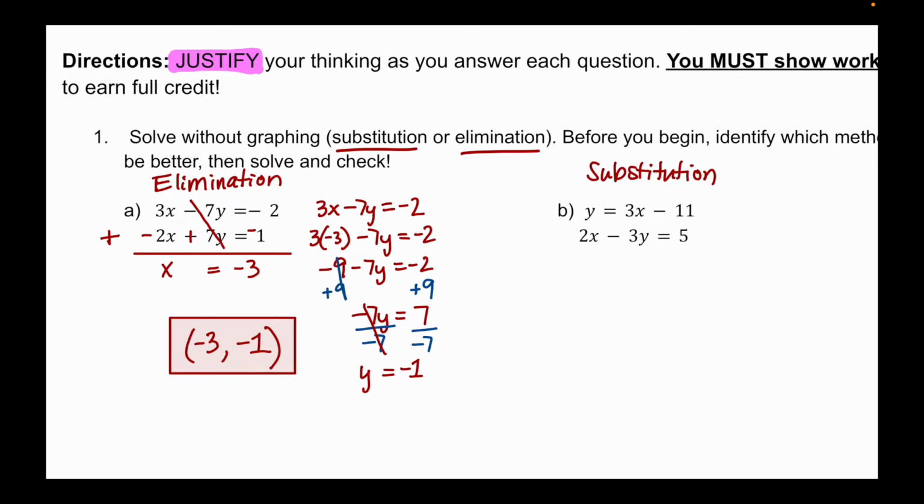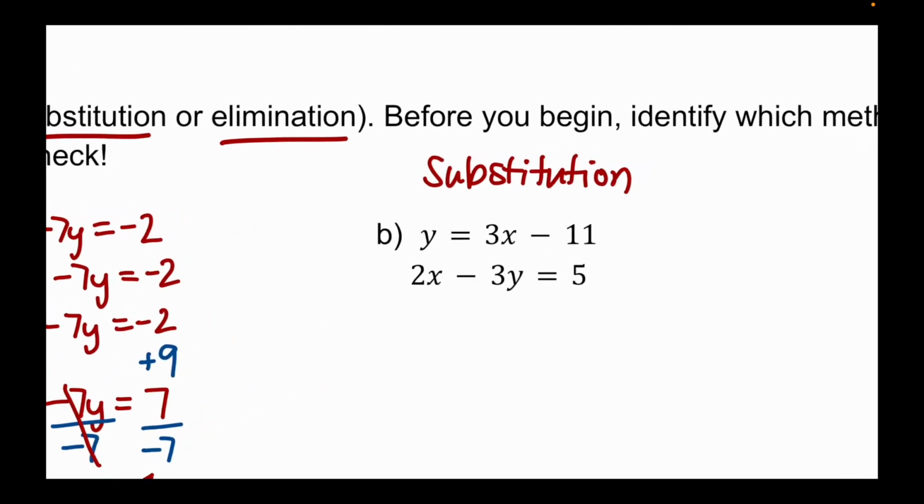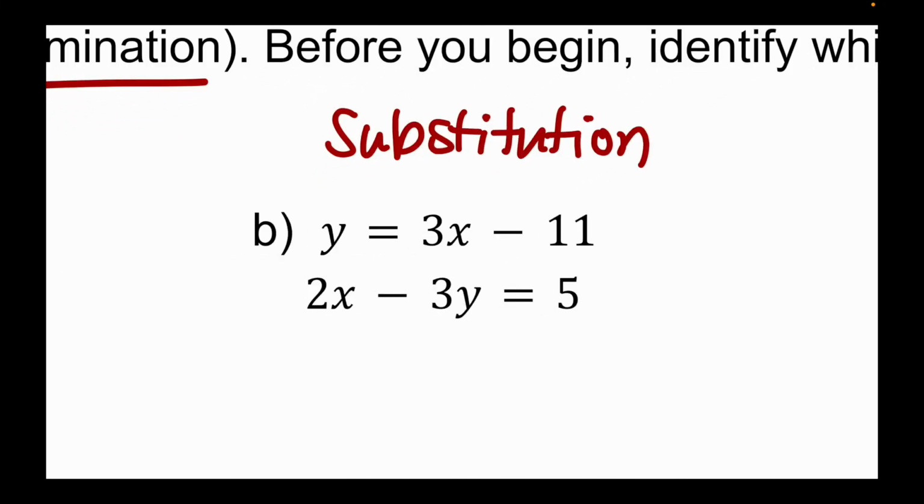Now, the other method is substitution, and that works very nicely when we have one variable all by itself set equal to something else. So this is solved for y.